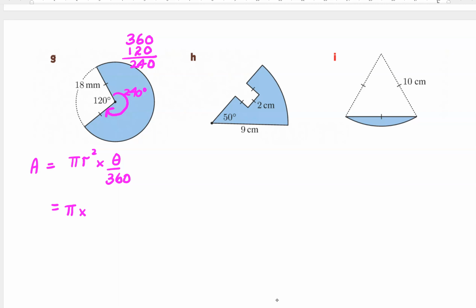So pi times, what is the radius? There it is there, it's from the center to the outside. So times 18, don't forget to square. Times, now what fraction of the circle do we have? We just worked that out before, it was 240 out of the 360. Let your calculator do everything for you.